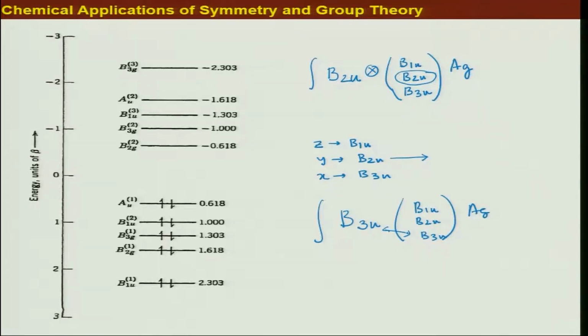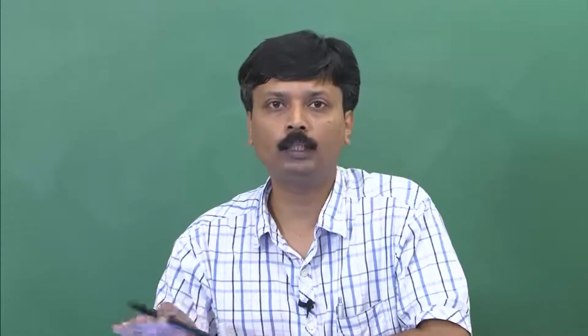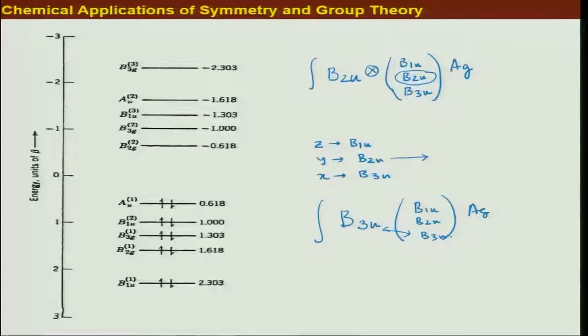And if you check the character table, you will see that the direct product between B3U and B1U, or B3U and B2U, will not give you AG. So any irreducible representation that is not totally symmetric is not going to give you a non-zero value for the overall transition moment integral. Now B3U, I can see that X forms the basis for B3U, okay, or X transforms as B3U. So therefore again for this transition, that is the first transition, this one, it refers to a transition from here to here.